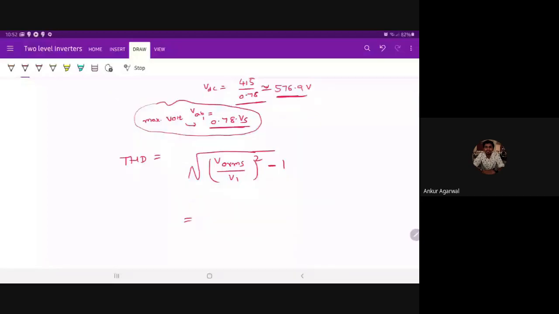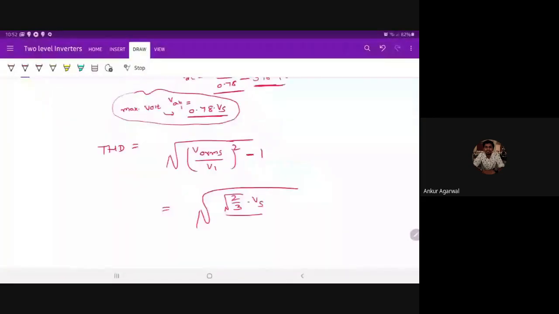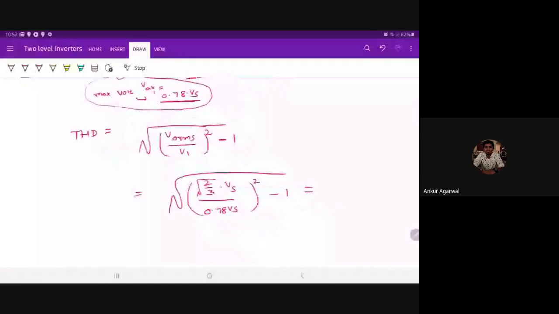That is square root of 2 by 3 into Vs. And V1 is 0.78 Vs. So the square of this ratio minus 1 gives a THD of 30.94%.